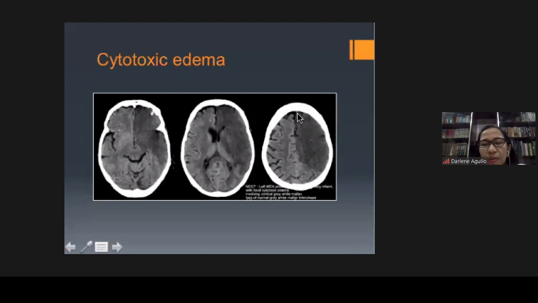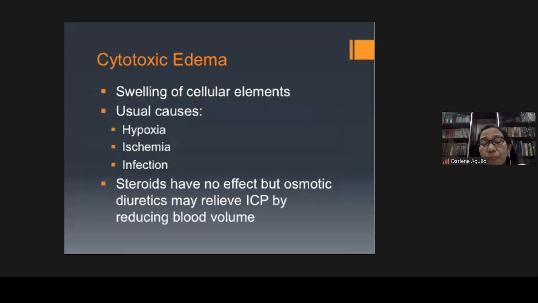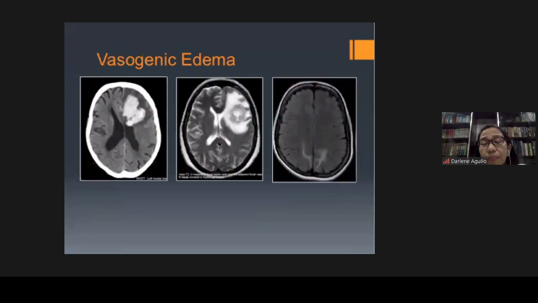So kita mo siya parang diffuse yung swelling. I mean, it involves the entire cellular elements.